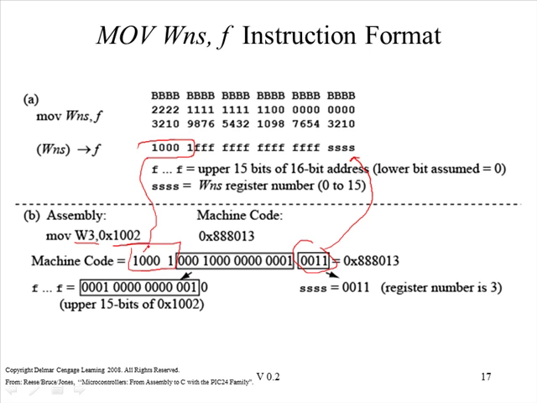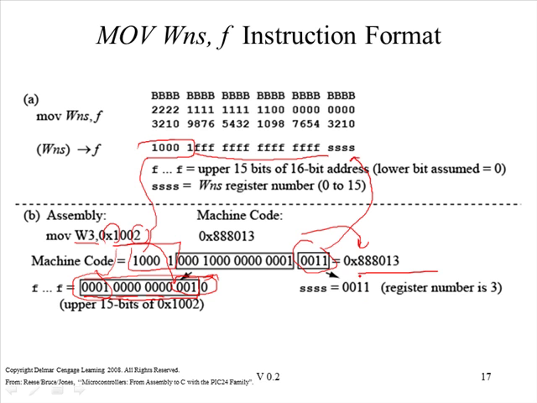Location 1002, if we break that out in binary, this 2 is going to be these 4 bits. The 01 is going to be here, and the middle bits are all 0. And we're going to take the upper 15 bits of these, and that's going to become these F bits right here. If we convert this to hex, we get this machine code 24-bit value of 888013.